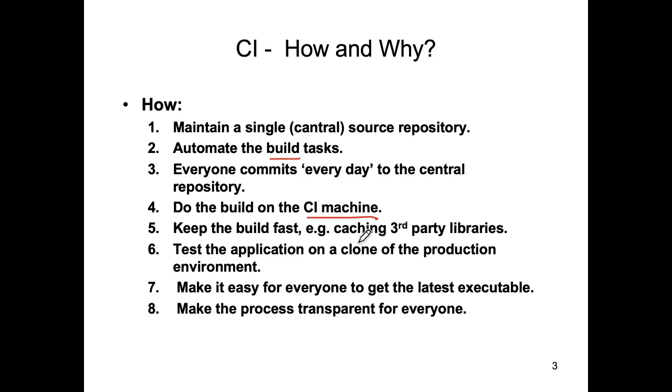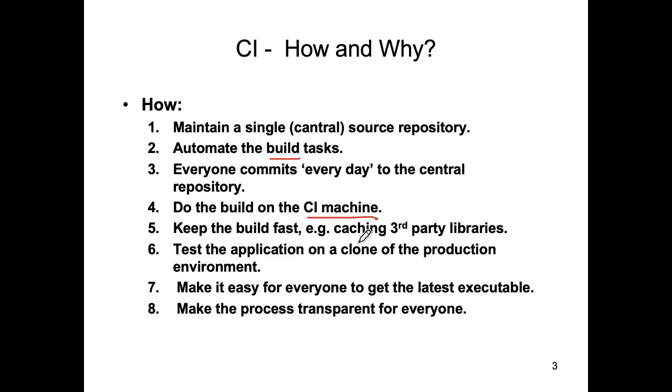If you think about our JavaScript applications, when we do an npm install, that's usually the slowest part. Well, if we cached all the third-party node modules so that they did not have to be reinstalled every time we do an automated build, that would obviously improve the speed. And I'll show you how to do that using the particular continuous integration cloud service that we will look at.